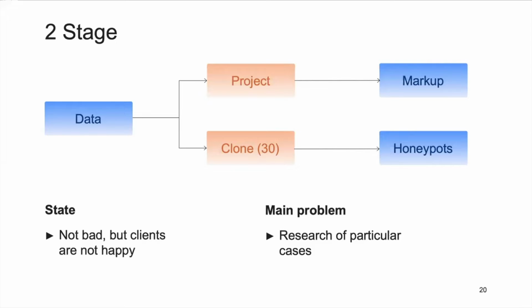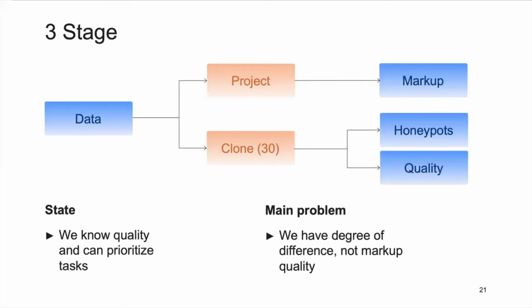So we need to somehow prioritize these tasks, and we need to collect some statistics to understand our quality, to understand where the biggest problem is.